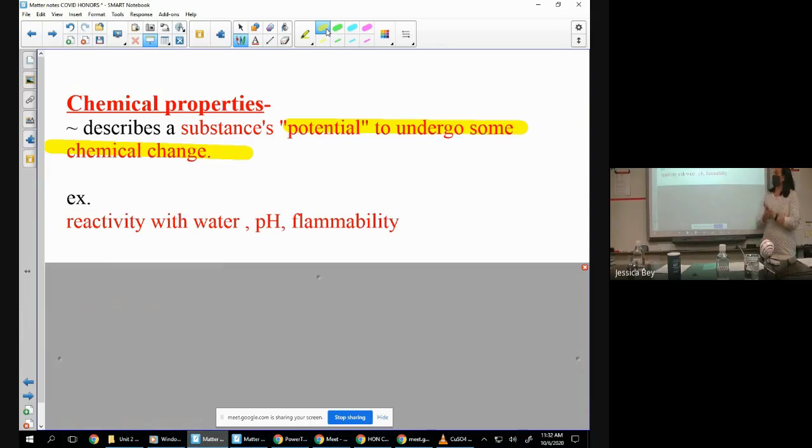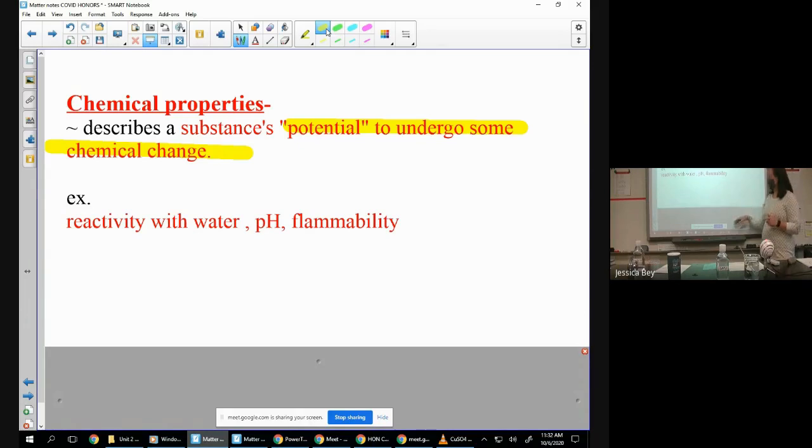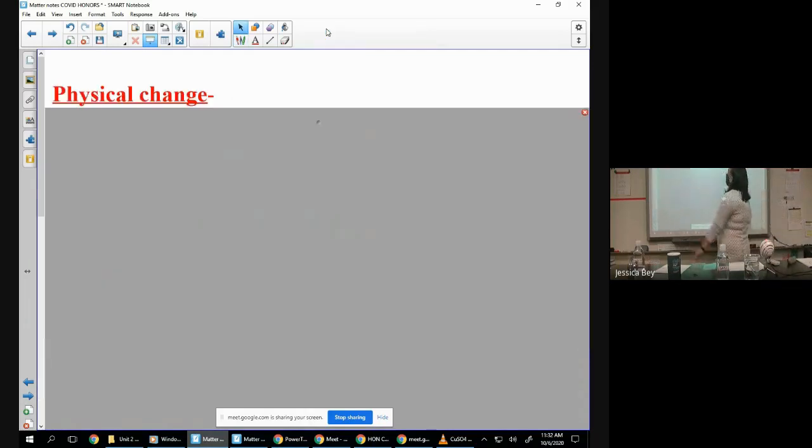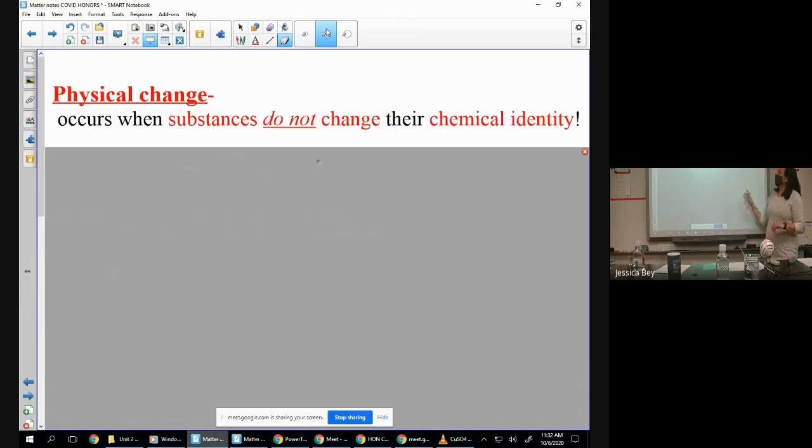Besides chemical and physical properties, we want to talk about chemical and physical changes. So we'll start with physical change. The biggest thing about a physical change is that you're not changing it on a molecular level. So it's when a substance does not change its chemical identity.